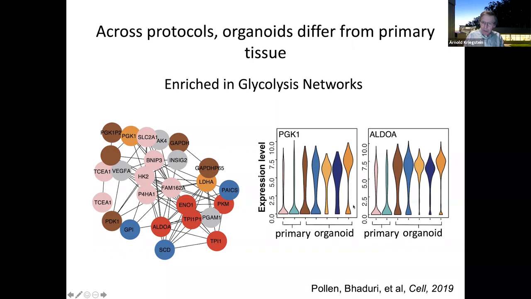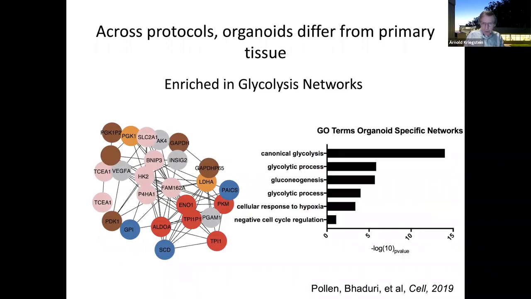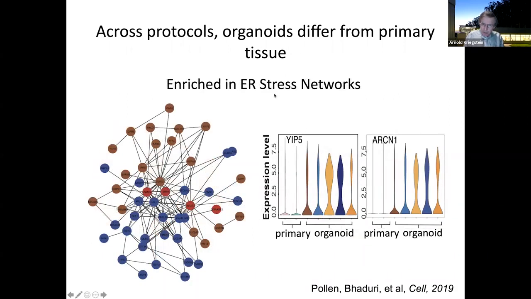And you can see the organoids show highly enriched expression of these two genes, which are involved in glycolysis, an indication of metabolic stress. That's also true if we look at endoplasmic reticulum stress network genes. So once again, these first two violin plots are in primary tissue, and the rest are in organoids. And you can see that these two genes, which are ER stress genes, along with many others, are highly expressed in organoid tissue cells, but not in primary tissue.